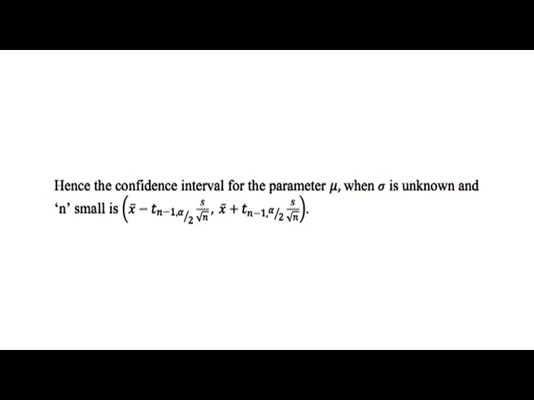Hence, the confidence interval for the parameter mu when sigma is unknown and n is small is x bar minus t n minus 1 alpha by 2 s by root n, x bar plus t n minus 1 alpha by 2 s by root n.